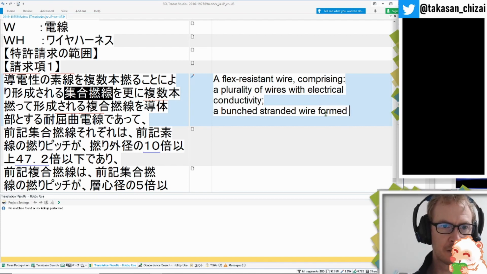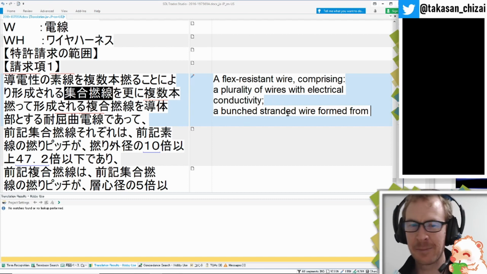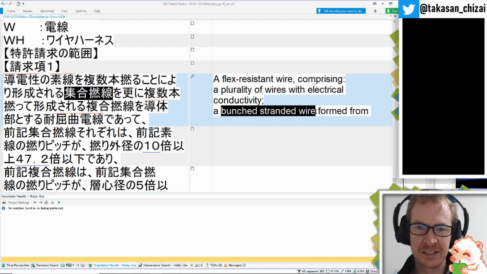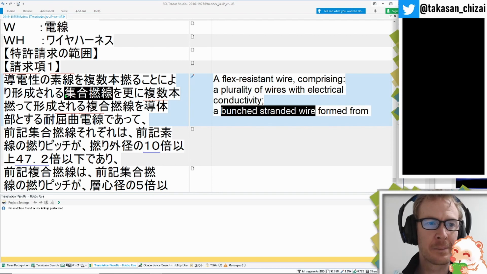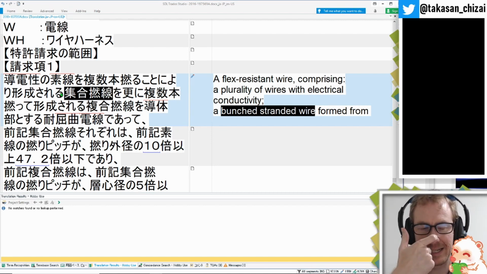Formed from. Now this is where it gets tricky because we want to list the elements of the claim like this. Plurality of wires, bunched, stranded wire. But in the Japanese, they aren't listing the elements like this. What's the Japanese?